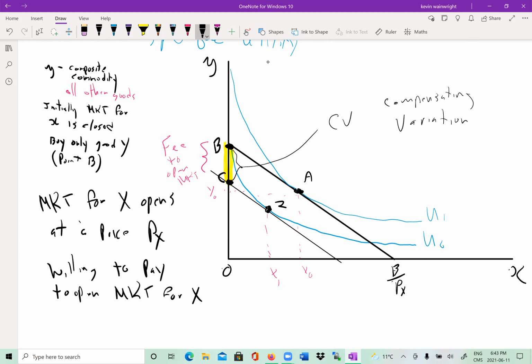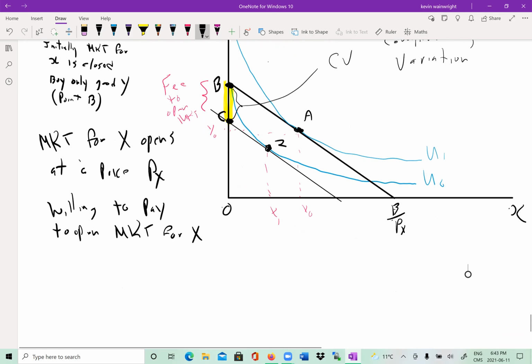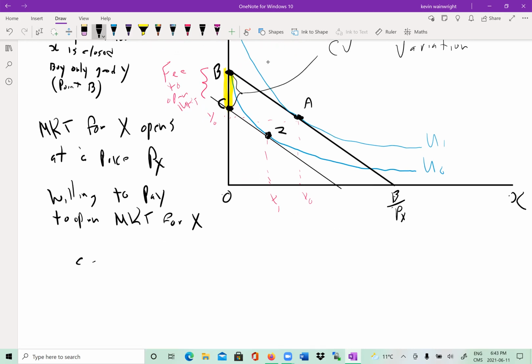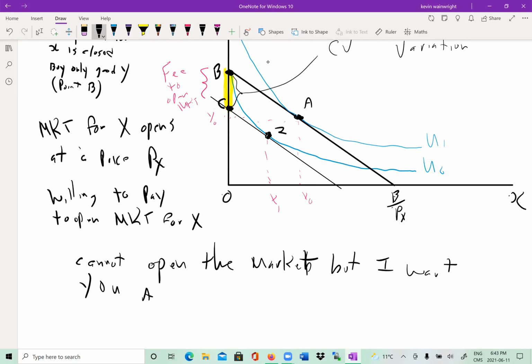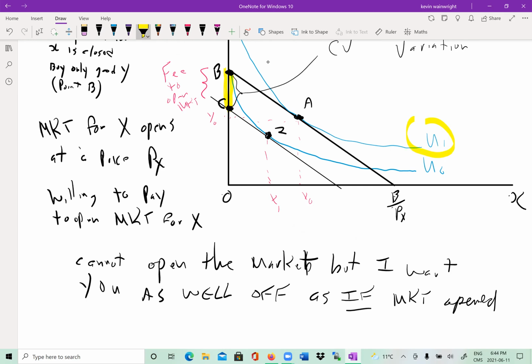Well, now let's go back to point B and say, I cannot open the market for X, but I want you to be as well off as if we open the market for X. If the market for X opens, you get a utility of U1.